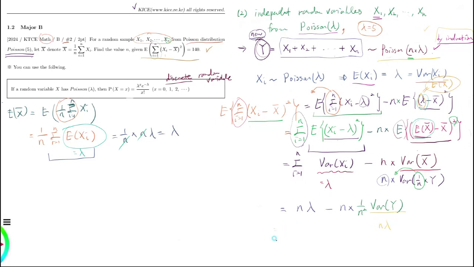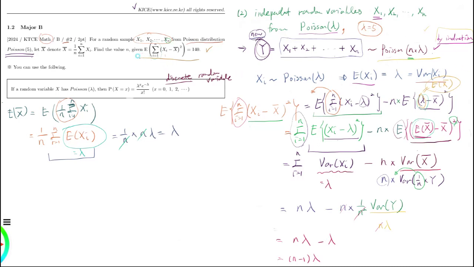Okay, so with the calculation, we have the n square cancelled out. We have n minus 1 times lambda.